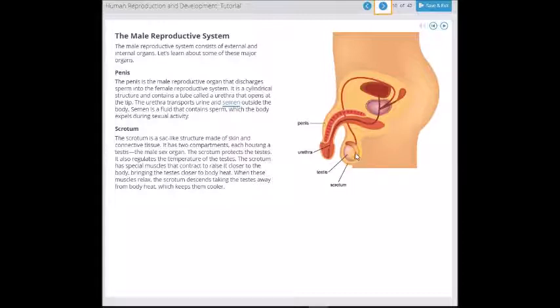The scrotum and the testicles inside of it are just outside of the body. The main reason for this is that the production of sperm has to be done at a temperature slightly lower than the natural body temperature of a human, which is about 98.6. So if these are outside of the body slightly, then it's happening in a slightly cooler environment.